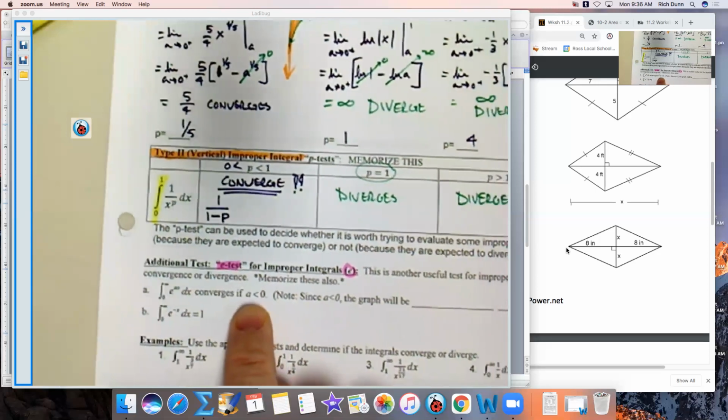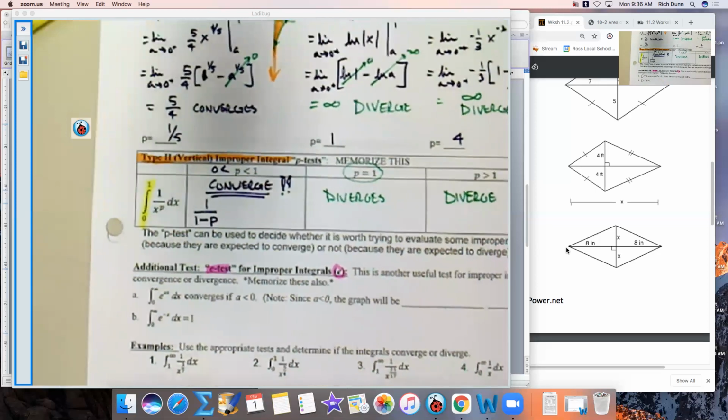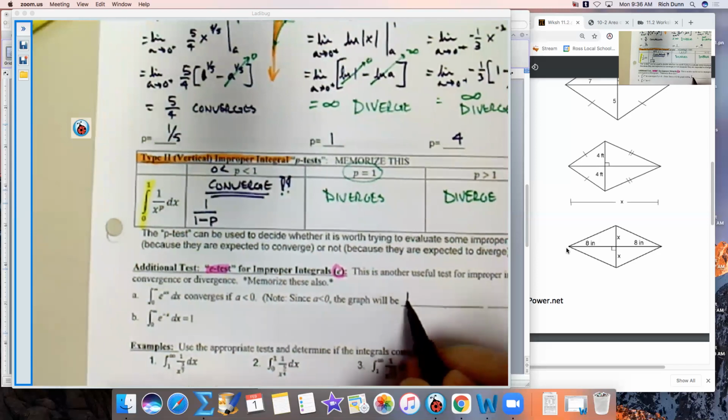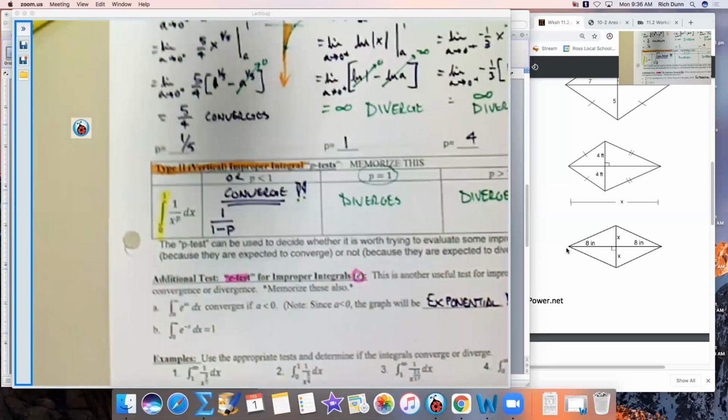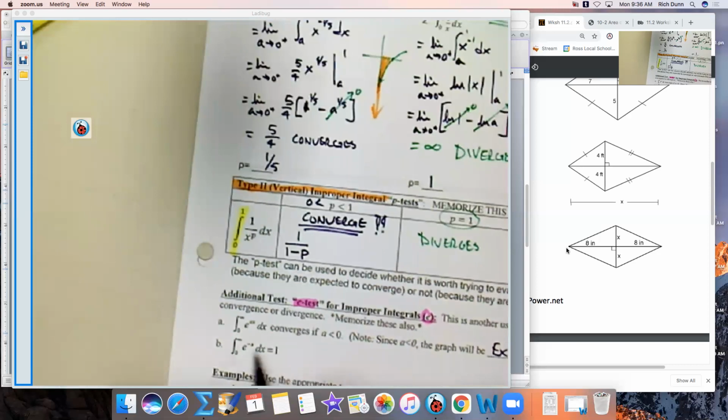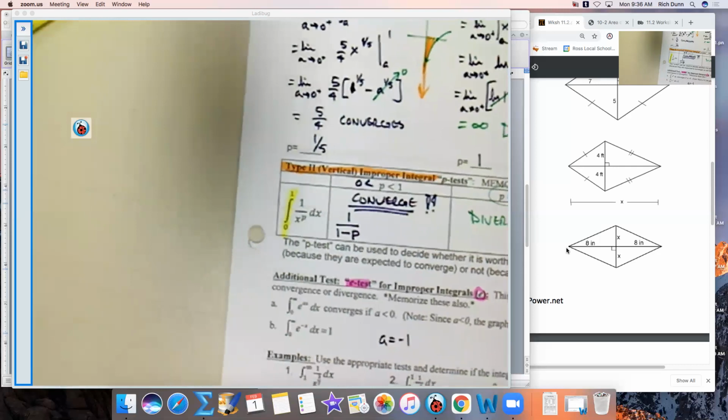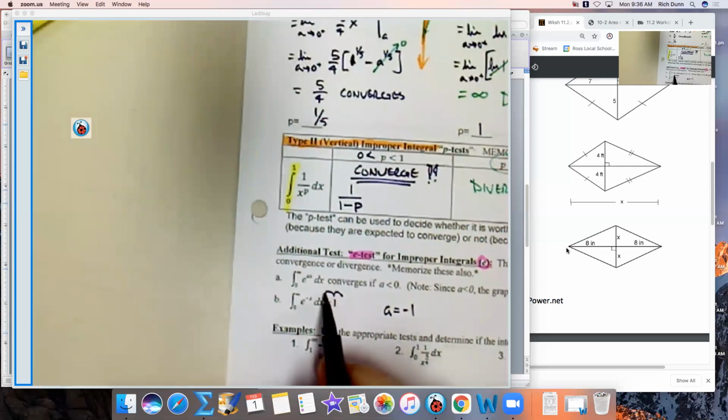In other words, it's negative. Then this will converge. Simply put, this is an exponential decay graph, and that exponential decay graph will converge. And as a matter of fact, if our a value is equal to -1, we have the special case here where this, believe it or not, converges to exactly 1.